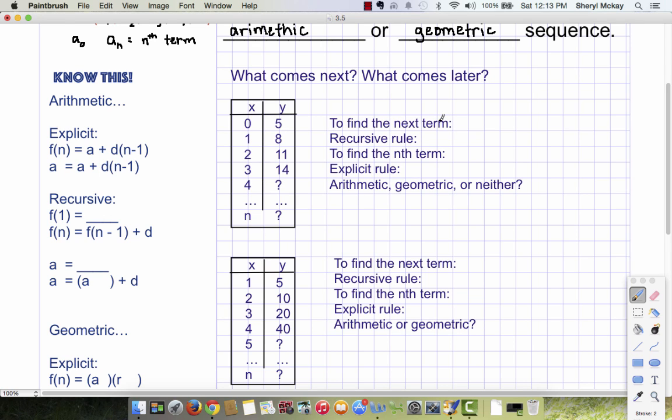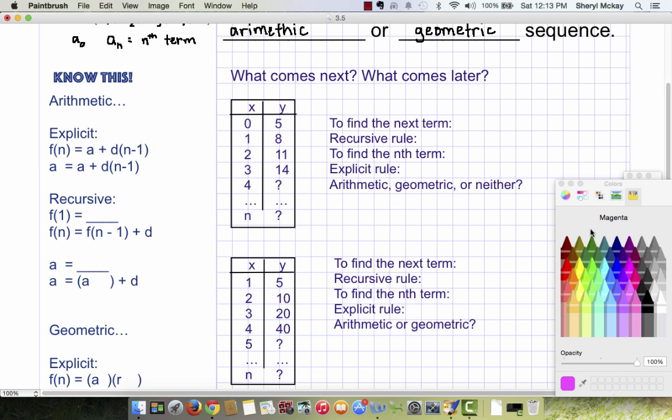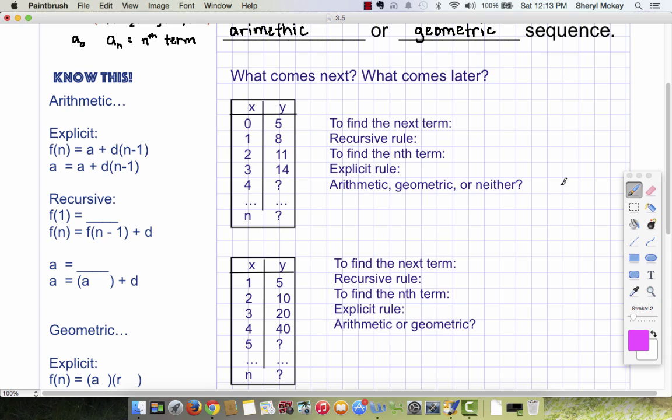So to find the next term, what do we need to do? Well, if I'm looking carefully, I'll see that I am adding 3 to each term. Everyone see that? So I'm going to say 5 to 8 as I add 3. And then 8 to 11, I add 3. And then 11 to 14, I add 3.